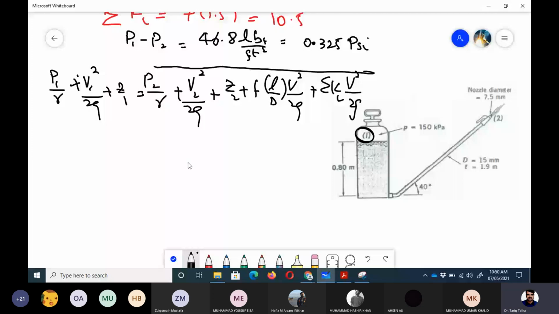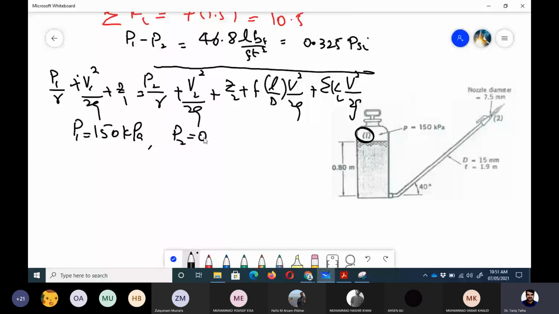Oh no, not 0, because the value is given, it is not atmospheric pressure. So P1 is equal to 150 kilopascal. P2 is equal to 0 when we talk about the gauge pressure, because the flow is going out in the atmosphere.